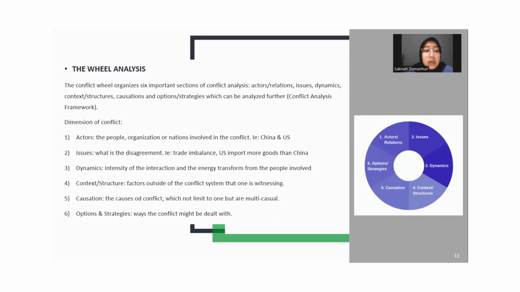For example, the outside factor, the COVID-19 outbreak happens. And the fifth one is the causation, the cause of the conflict, which is not limited to one but multi-causal. So there are a lot of causations happening in between for the China and the US trade war. And the last one, the options and the strategy, is the ways the conflict might be dealt with.